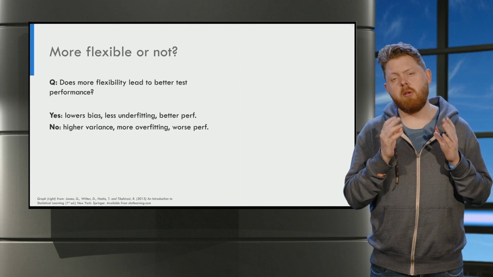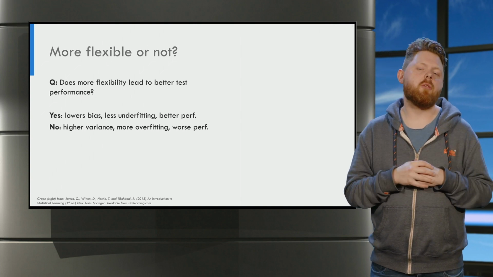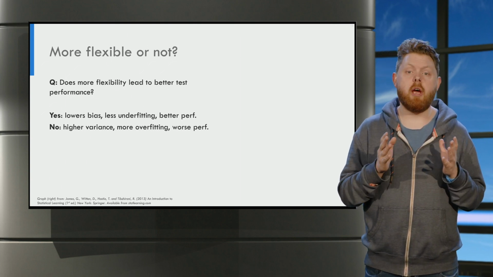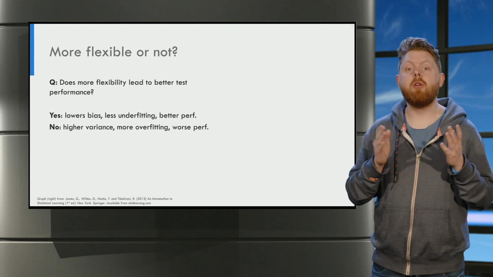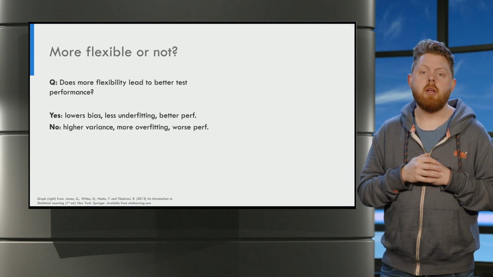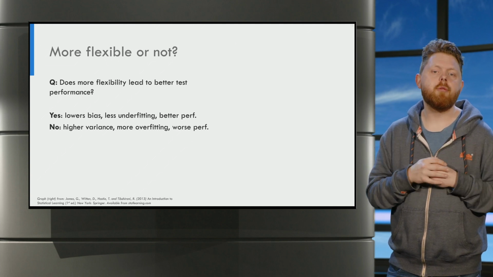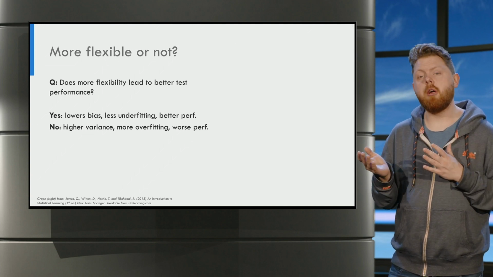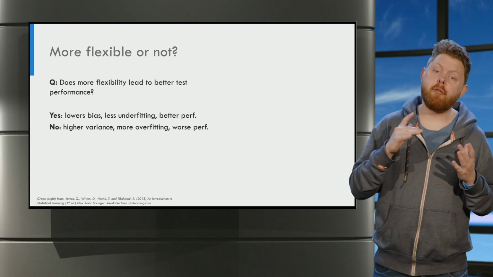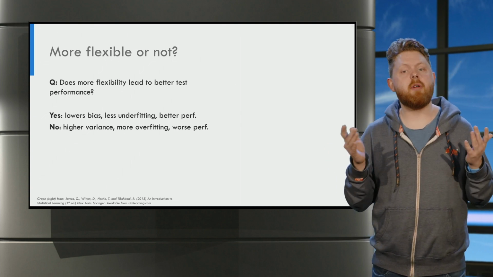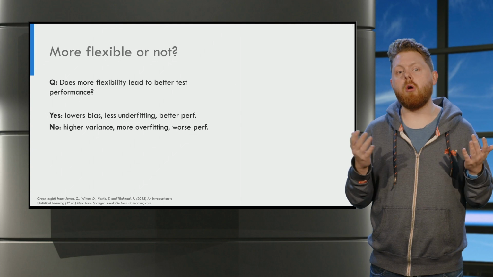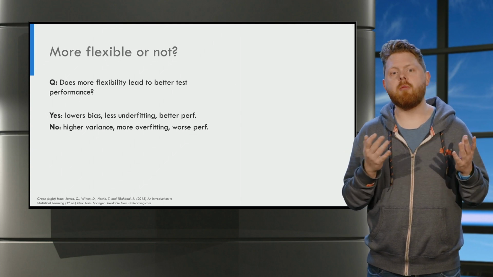It seems we can reason into two directions. On one hand, more flexibility reduces the bias. Therefore, we have less underfitting and thus the performance should improve. On the other hand, we can reason that more flexibility leads to a higher variance and thus to more overfitting. Thus the performance should get worse.